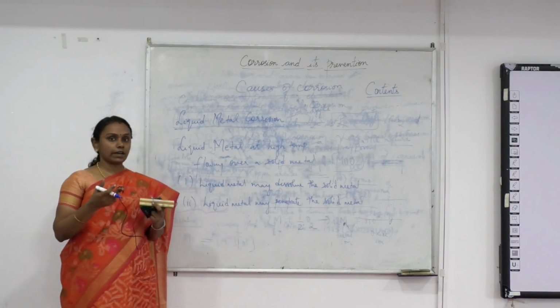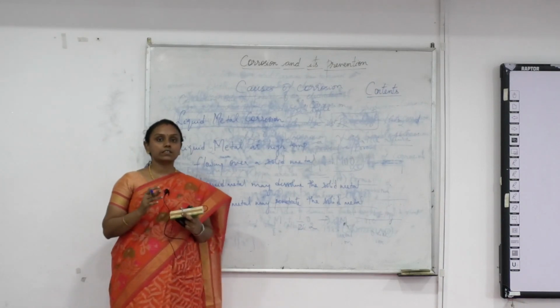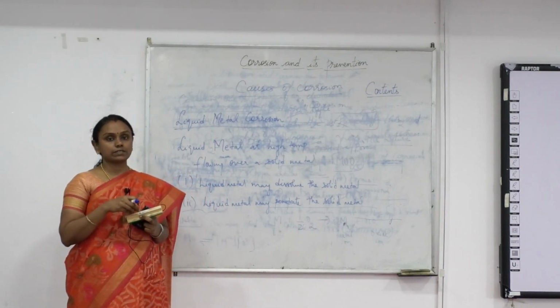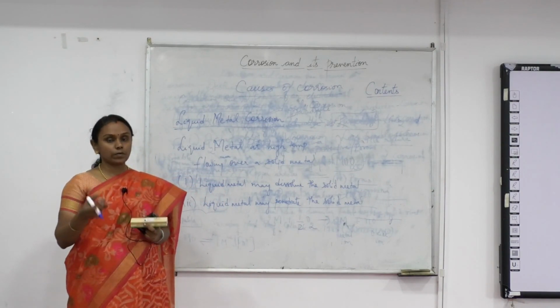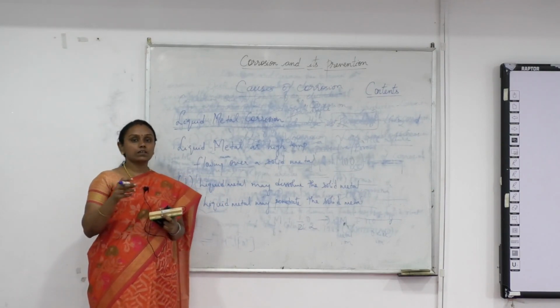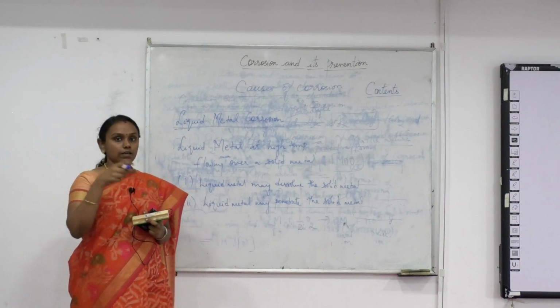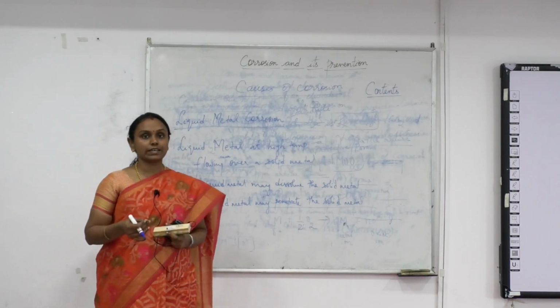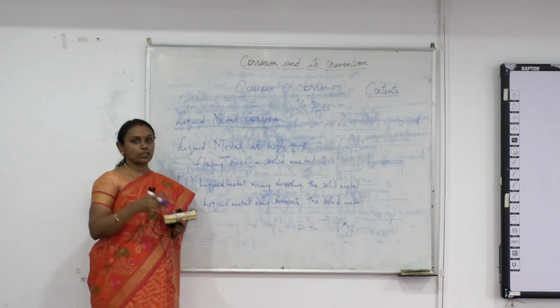When steel is at high temperature and there is hydrogen in the environment, this hydrogen will react with the carbon present in the steel and form methane gas. Once the methane gas is formed, the proportion of carbon present in the steel is going to decrease and this will lead to weakening of the material.